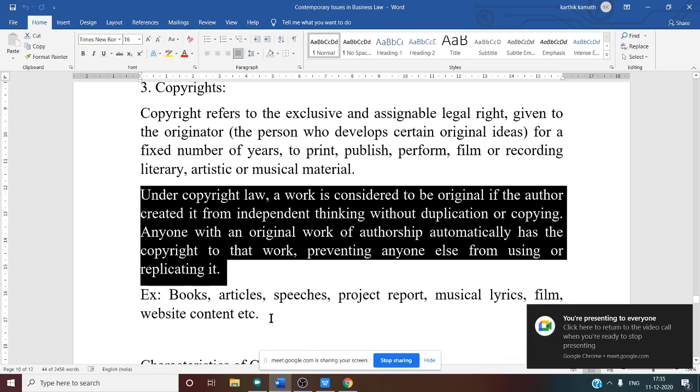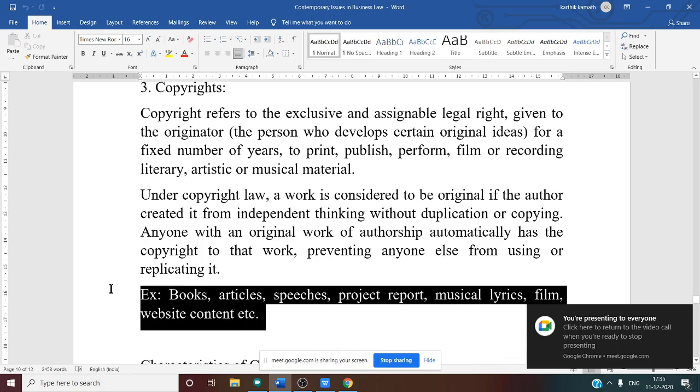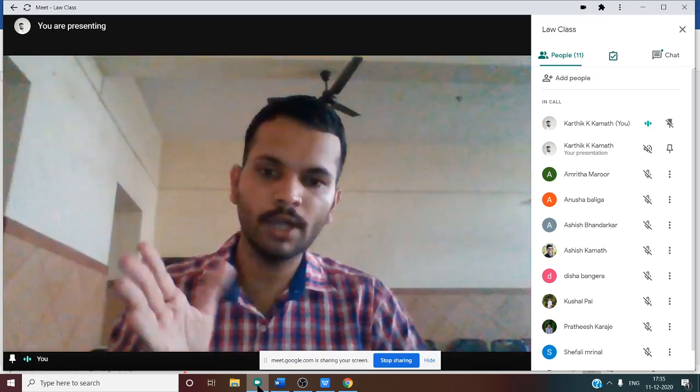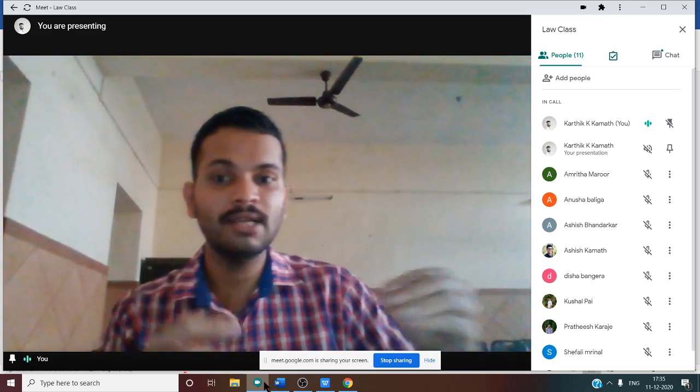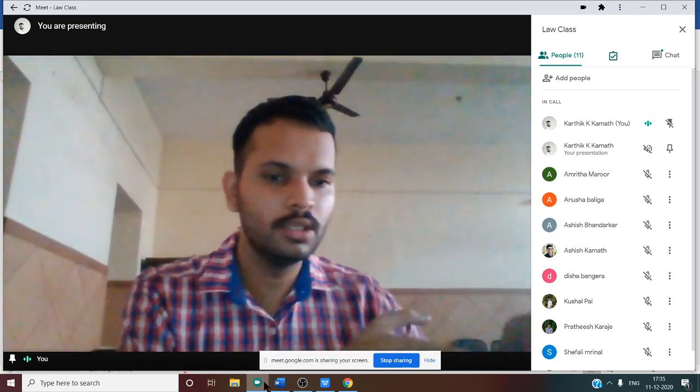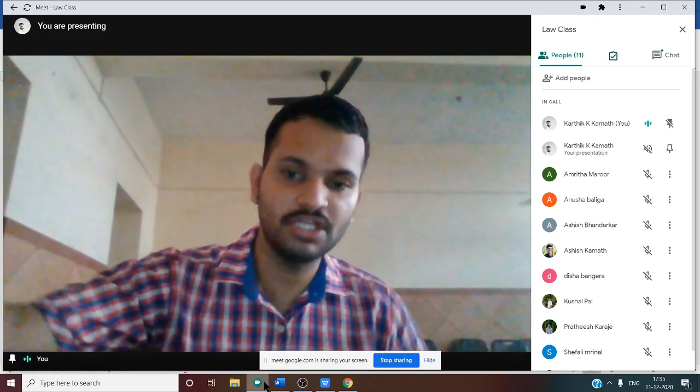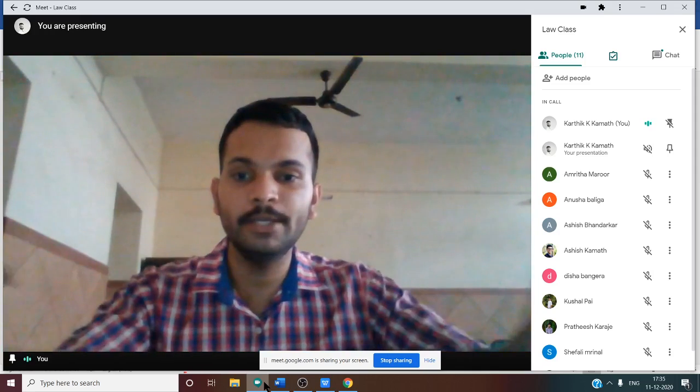Now, examples of copyright. What examples can be given for copyright? Books are covered under copyright. Articles are also covered under copyright. What do you mean by article? An article may be in a peer-reviewed journal, or in an international journal, or in a reputed newspaper.